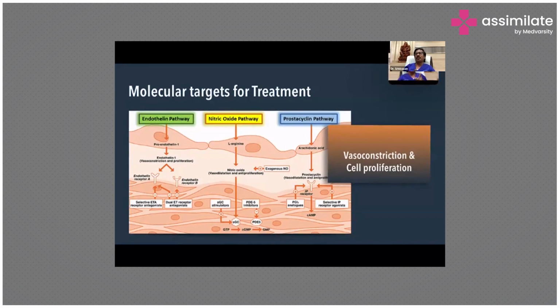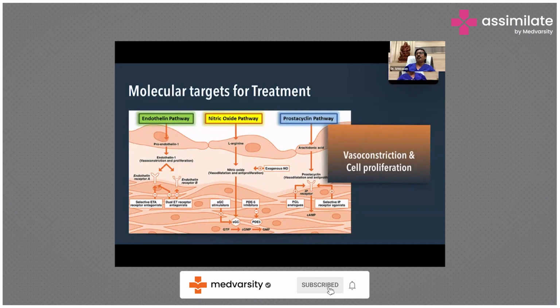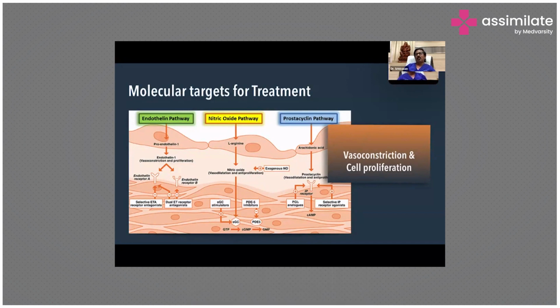And the prostacyclin pathway, again, is good for the vasculature because prostacyclins have vasodilatory and anti-proliferative properties. But when these are at fault, then you have pulmonary hypertension. So we can target these 3 pathways for our treatment.